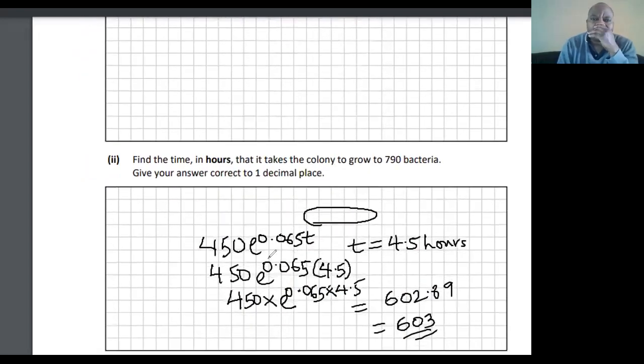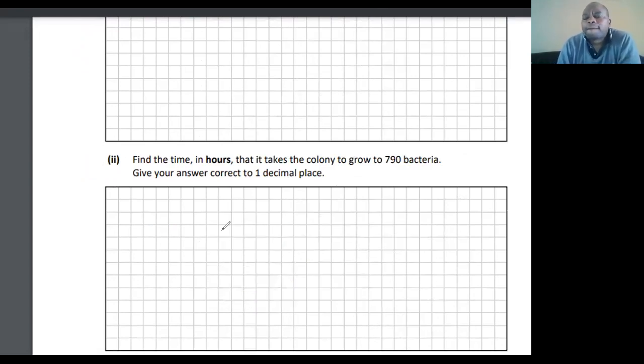The next question says, find the time in hours that it takes the colony to grow to 790 bacteria. Give your answer correct to 1 decimal place. Now let me clear all this. This time we are finding our t, our time, when the bacteria has grown up to 790.